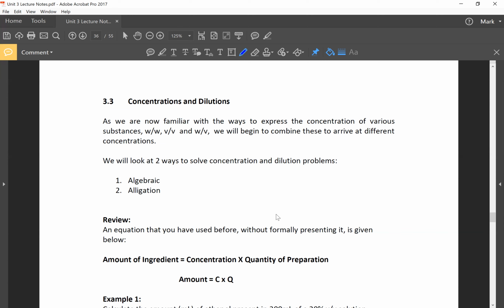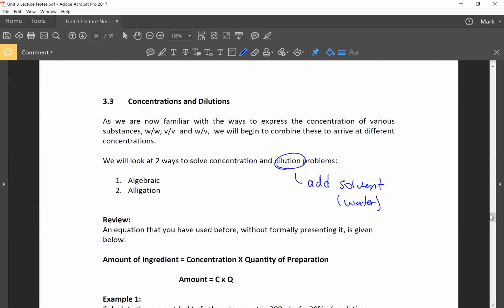So first things first, if you can't remember what a dilution is, it means to add water or add solvent. I'm going to say solvent, but in brackets, I'll write the word water. Typically when you dilute something, you're just adding water to it. But in medicine, we've learned that a lot of solvents can be things like alcohols and glycerin. So you add more liquid to water down and reduce the concentration of the solution.